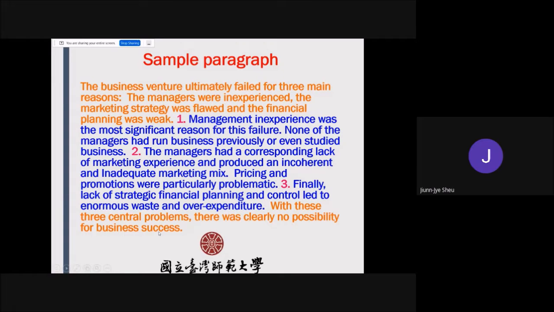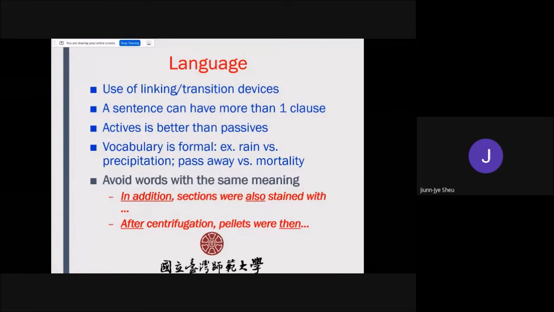So a topic sentence leads to supporting sentences, and then a concluding sentence follows at the end of a paragraph. So keep that structure in mind. That would help you with your writing, because really paragraphs are the major components of any document.